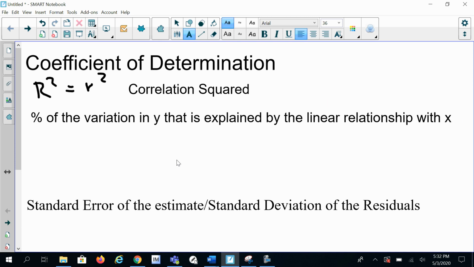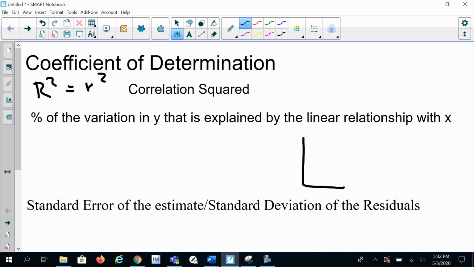So what does that mean? It's how much variability there is that's actually accounted for by the model. You know that when you have a linear relationship, it's not ever going to be perfect. Not every point's going to fall on the line. And R squared is telling you how much of that variability is just part of the model.